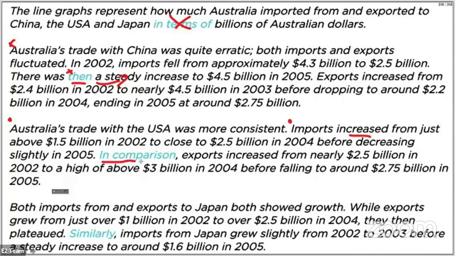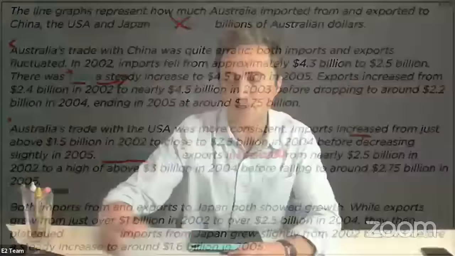In comparison, exports, oh, that should say decreased, I guess. My fault, my bad, because that's what comparing does. Because you have one side will increase, the other side will decrease. Or what's a better word? In contrast, in comparison? It's okay, actually.